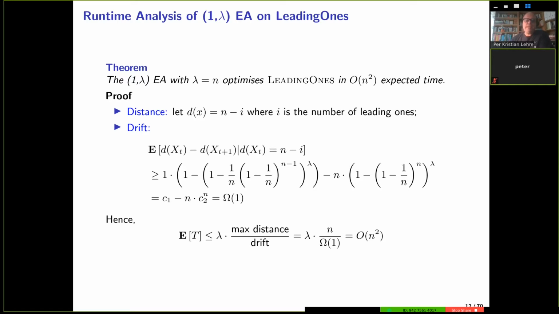So if we have at least one such individual, then we will have reduced the distance by at least 1.